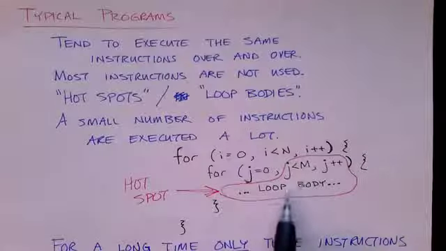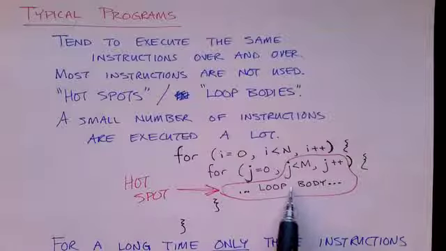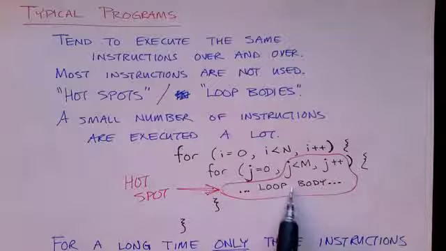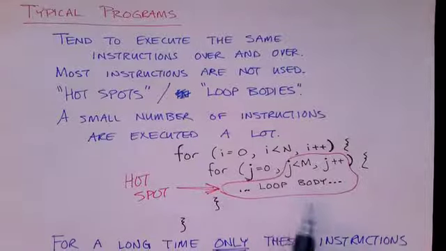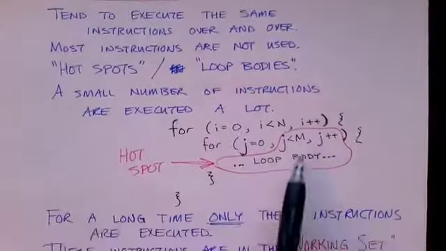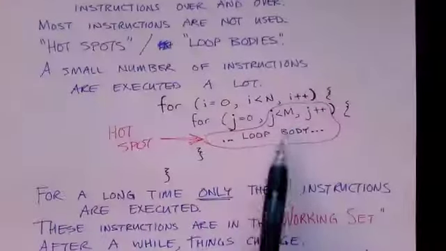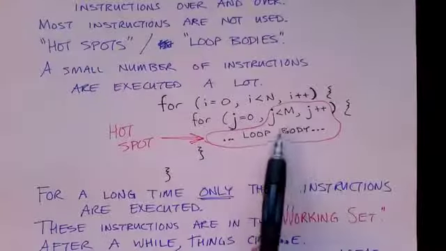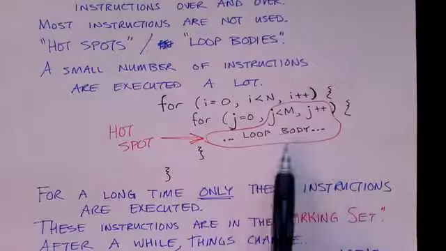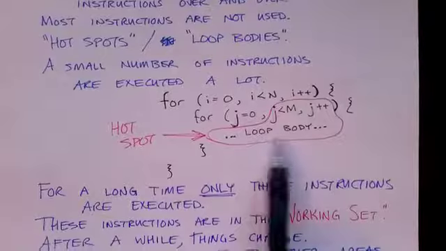But since it's a small thing, it typically will only execute a small number of instructions and probably only access a relatively small amount of data. So while this program is running, it'll spend a long time in this loop here. For a long period of time, only the instructions here will be executed.